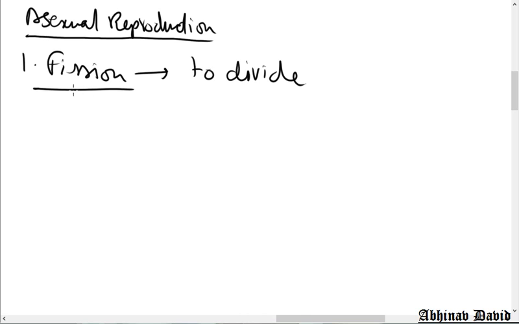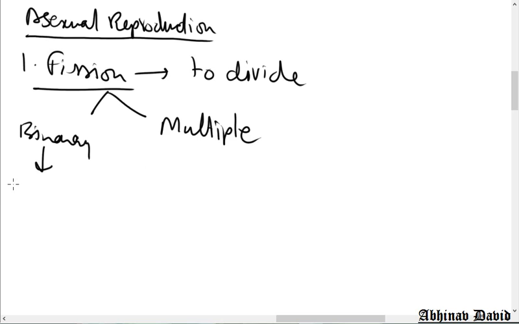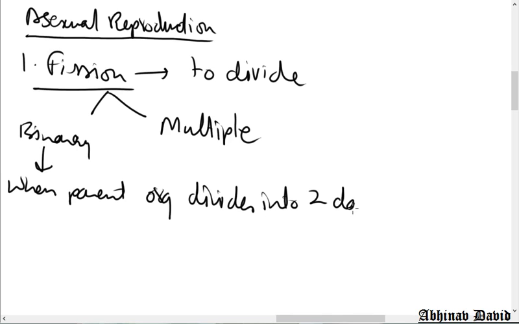Basically there are two types of fission: binary fission and multiple fission. So what are binary and multiple fission? Binary means two. When the parent organism divides into two daughter cells, this is called binary fission.